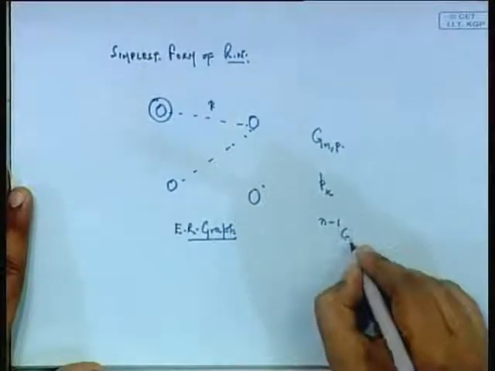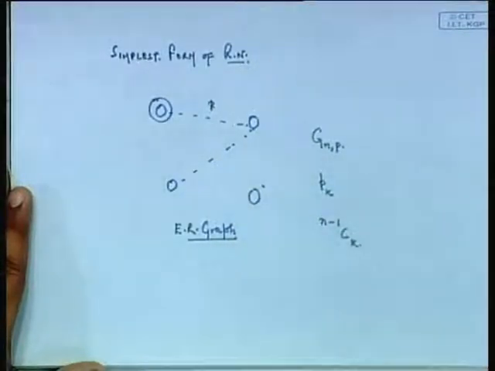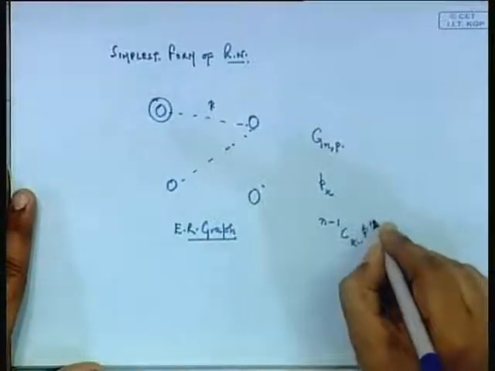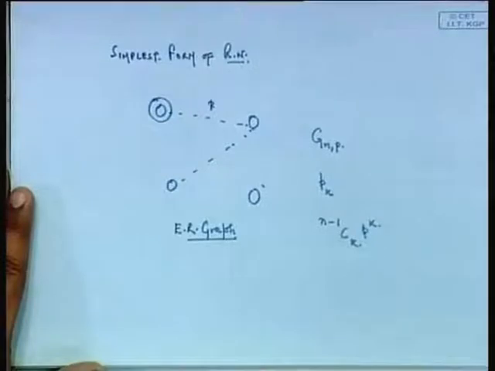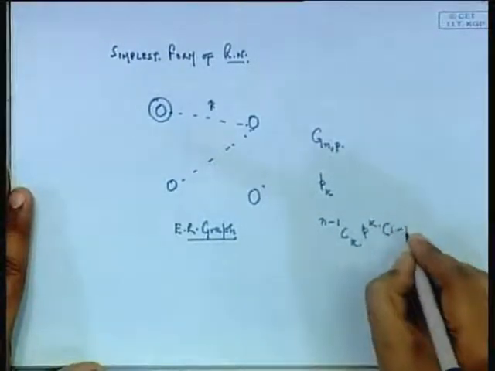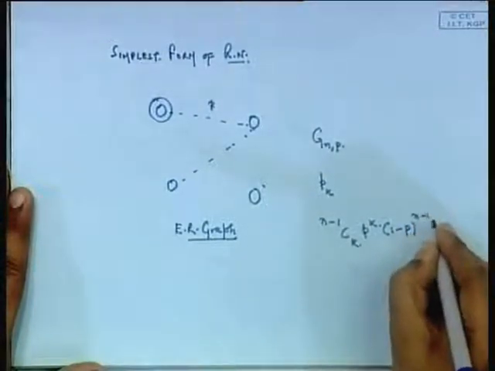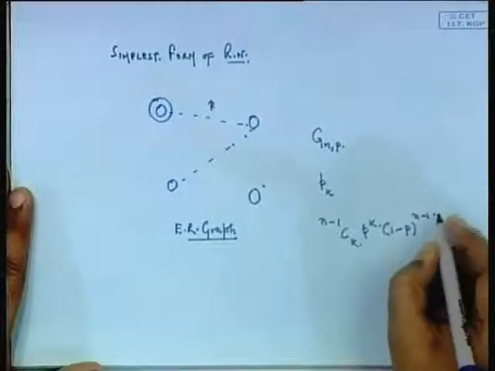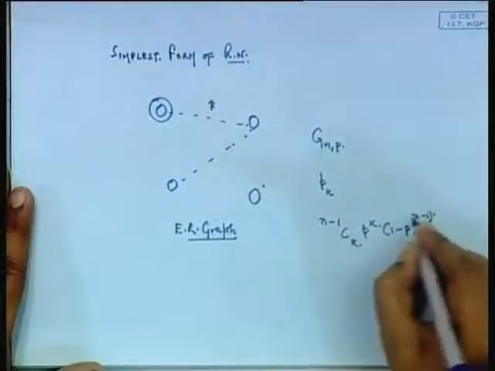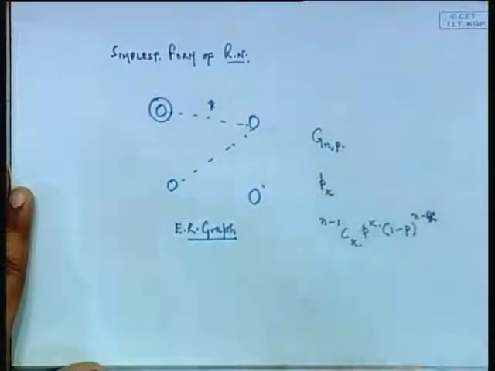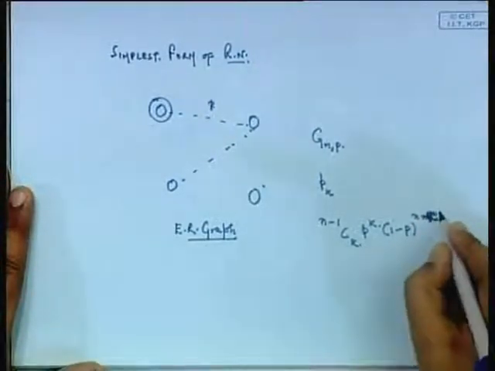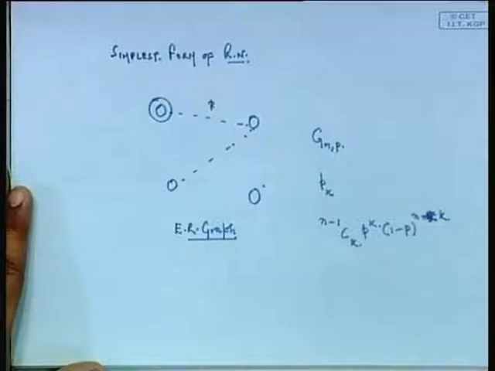Very good, (n minus 1) choose k. It has n minus 1 possible neighbors. Out of these it can choose k neighbors and connect with probability p, and the rest, n minus k, it does not connect.